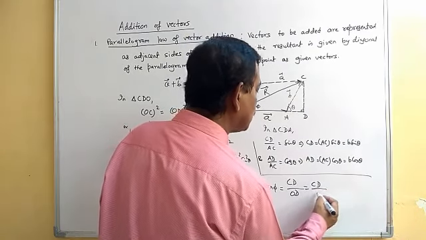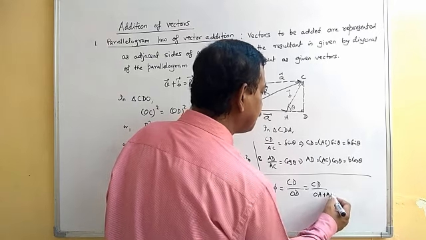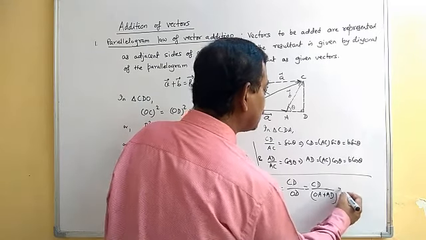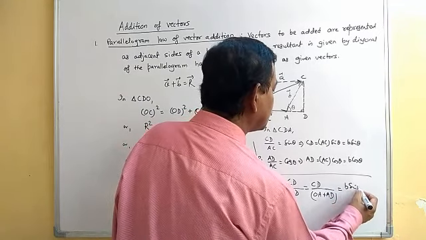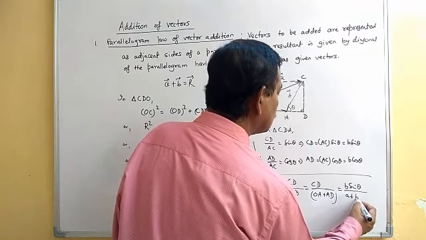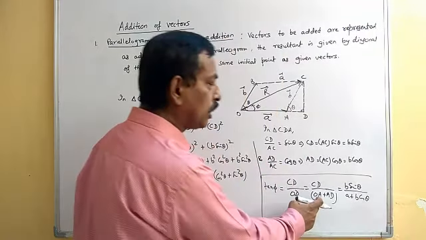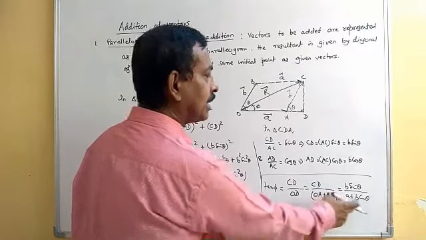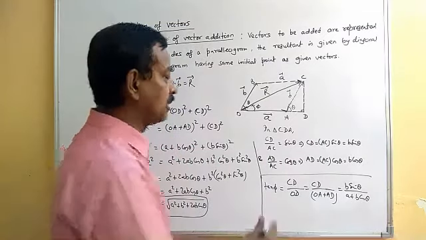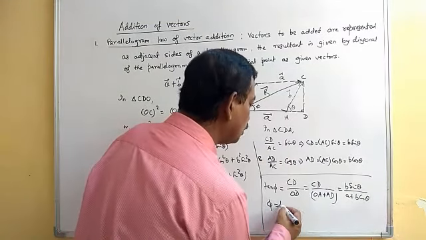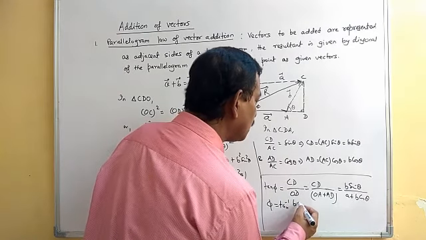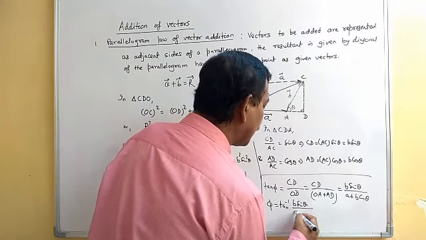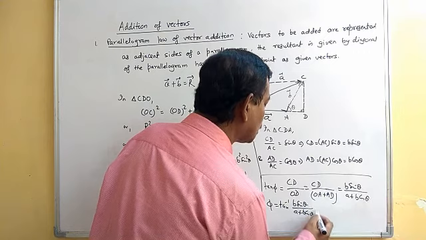This is CD by OA plus AD, and this is B sin theta by A plus B cos theta. If you substitute OA as A and AD as B cos theta, phi will be equal to tan inverse of B sin theta by A plus B cos theta.